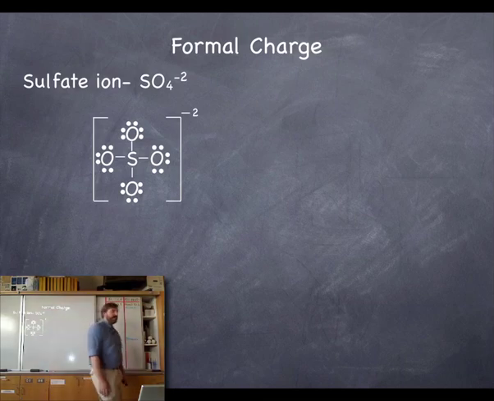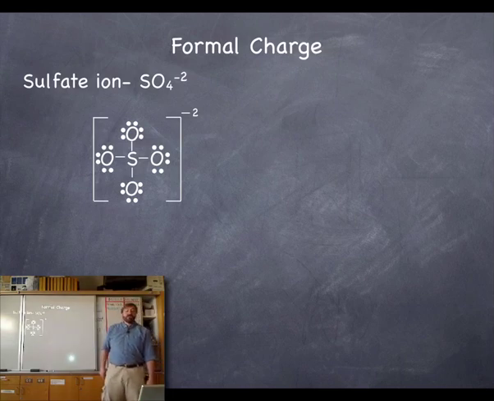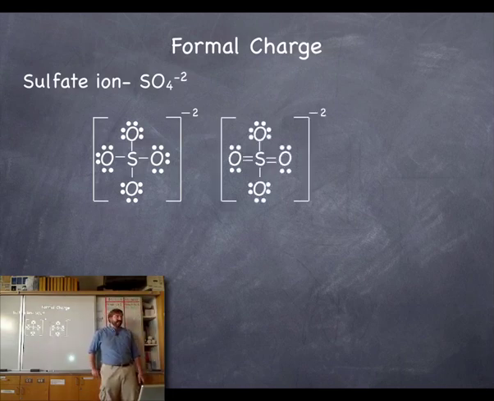It is also, however, possible for me to come up with a structure where the sulfur violates the octet rule. We would like to know, is there some way that we can determine whether the structure that follows the octet rule or the one that violates it is a better structure, more likely to be what really happens?